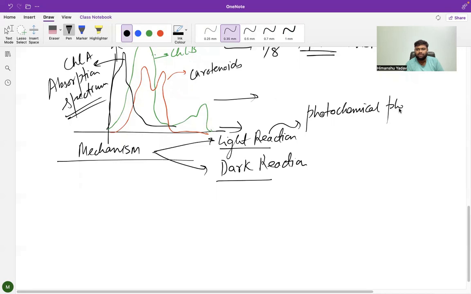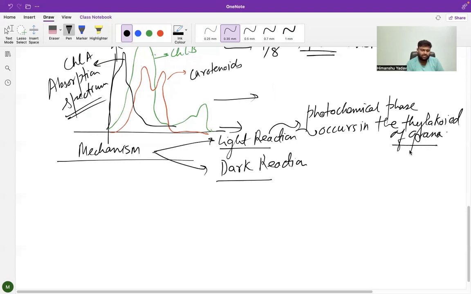Now this photochemical phase occurs in the thylakoid of grana. और जो भी events होते हैं जिसमें कि light absorption होता है, जैसे कि water का splitting हो गया, oxygen release हो गया, O2 release हो गया, and then there is production of ATP and NADPH. तो ये सारी चीज होती है लाइट रिएक्शन में.